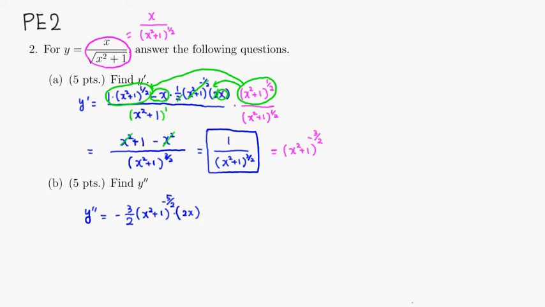So we can cancel the 2 on top and the 2 on the bottom. What you get is negative 3x on top, and then you have the quantity x squared plus 1 to the 5 halves power on the bottom.